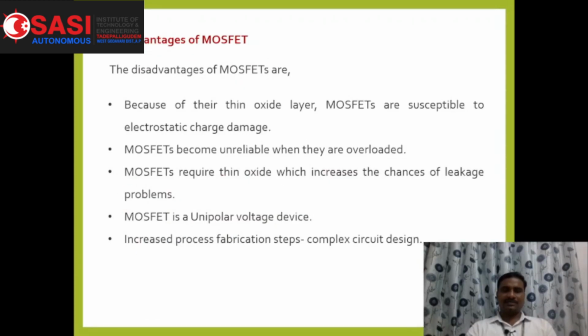What are the disadvantages of these MOSFET switches? We'll discuss here. Because of their oxide layer, MOSFETs are susceptible to electrostatic charge damage. Because of charge formation or capacitance formation at the junctions, at the oxide layers, there is a chance of damage to the device, and MOSFETs become unreliable when they are overloaded.